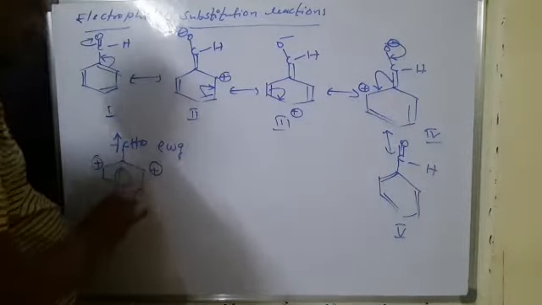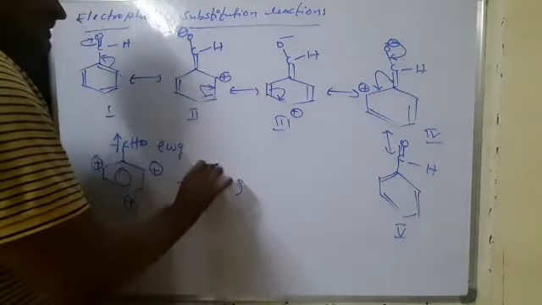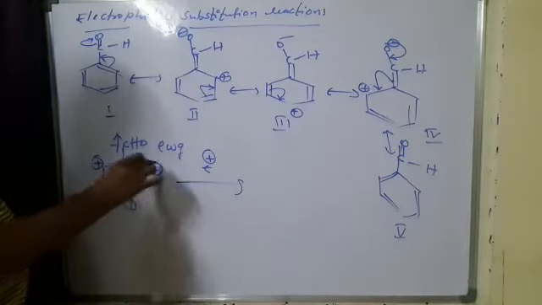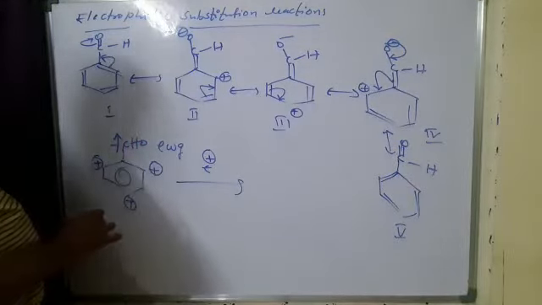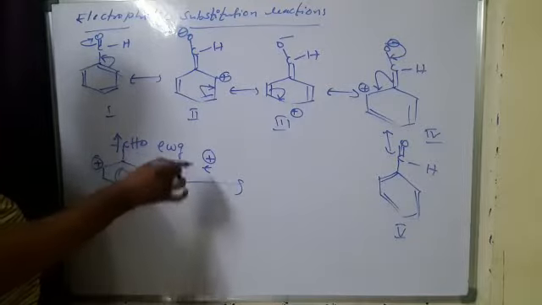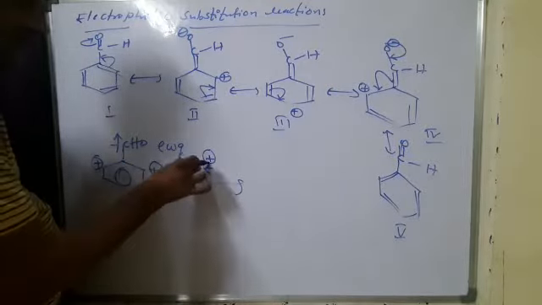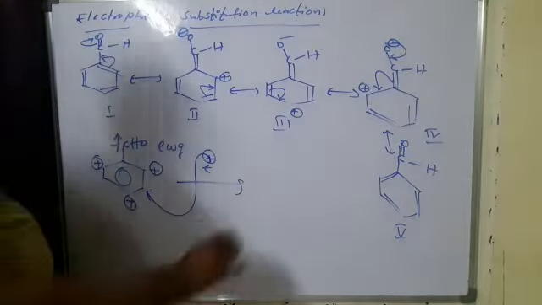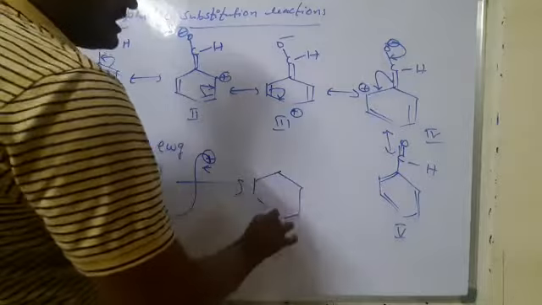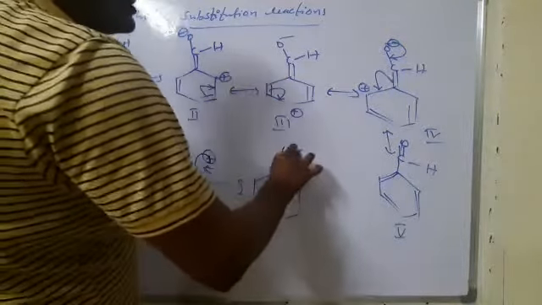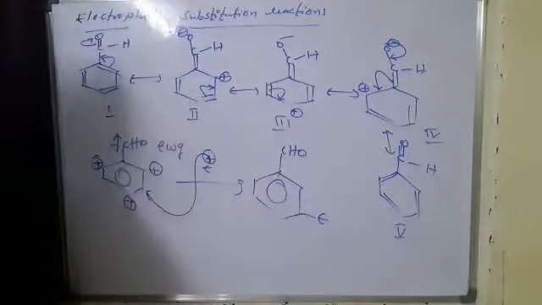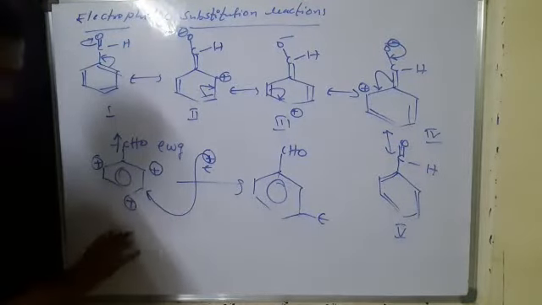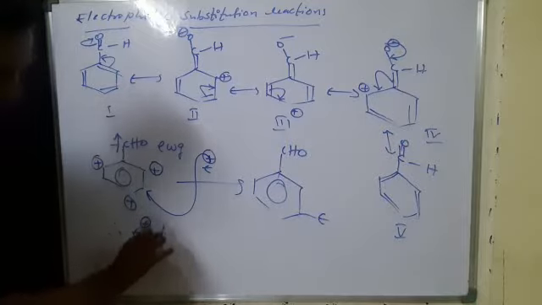So in this case, if you add any electrophile, an electron deficient species, the ortho and para positions are already electron deficient. So if you use an electrophile, it always takes place at the meta position only. It attacks at the meta position only, but not at the ortho and para positions. So electrophilic substitution takes place at the meta position.